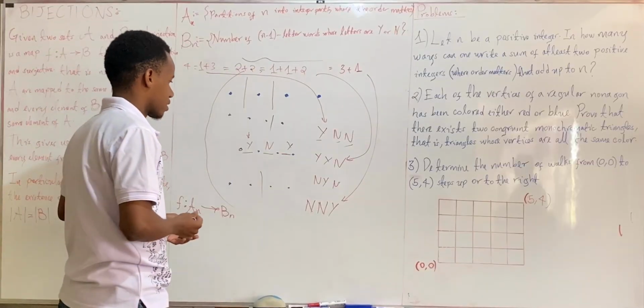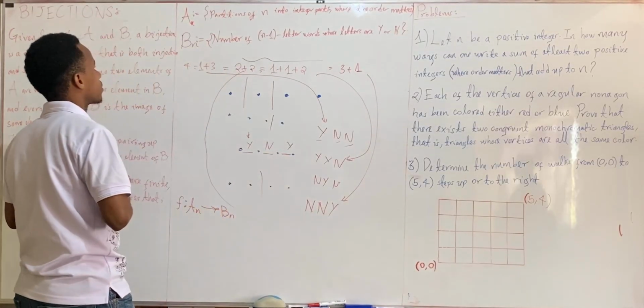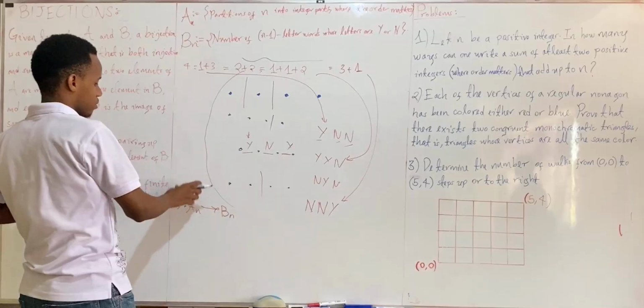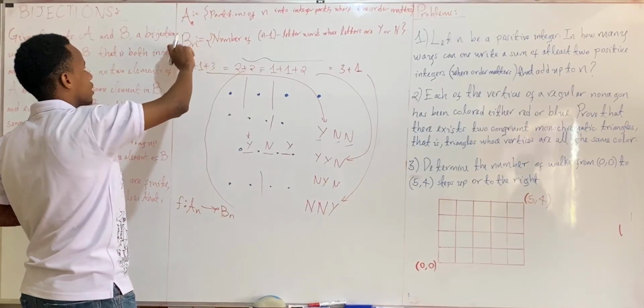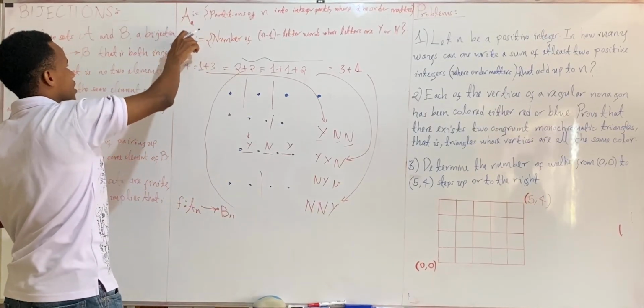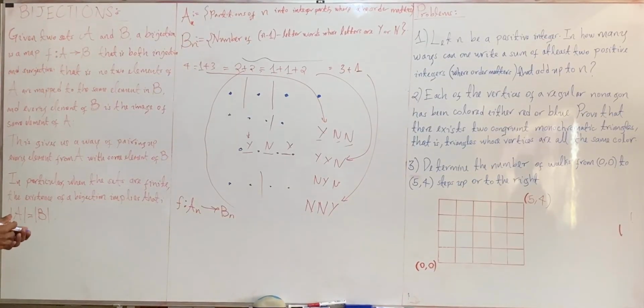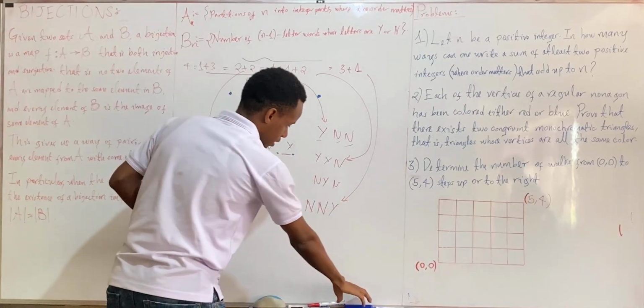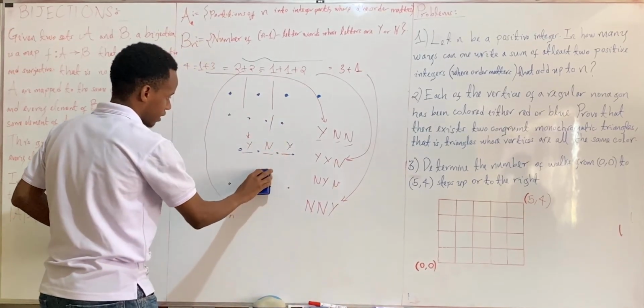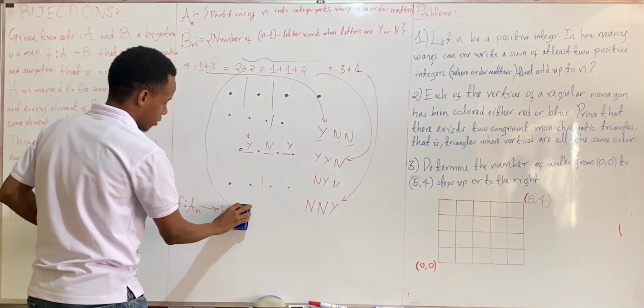And so, because we have found a bijection from An to Bn, can we say that the size of An has to be equal to the size of Bn based on the theory that we have just discussed previously? There is a little bit of correction.